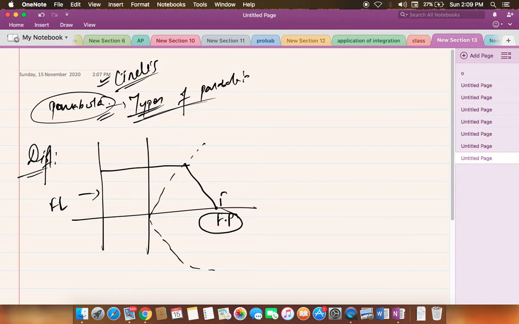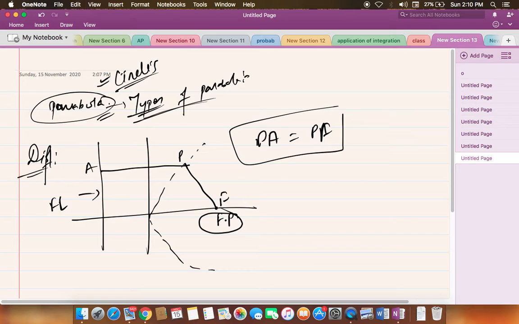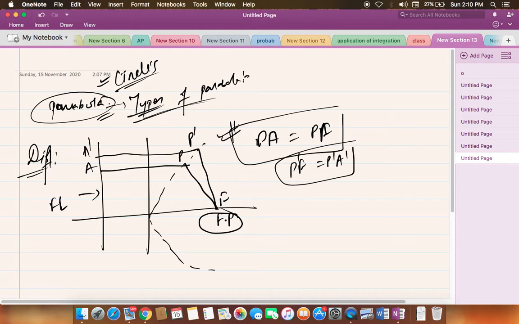Let this distance be f, let this be p, let this be a. PF and PA will always be equal. When we collect all of these points, the distances will always be equal. Let this be p dash and a dash. This PF and P dash A dash will always be equal, and in such a case a figure is obtained. This figure will be called a parabola.